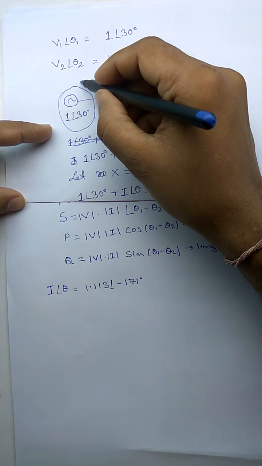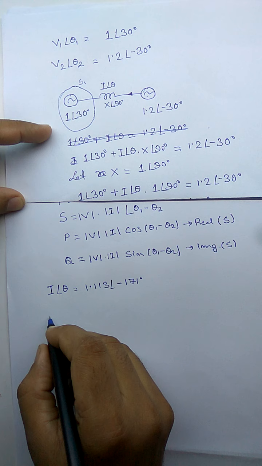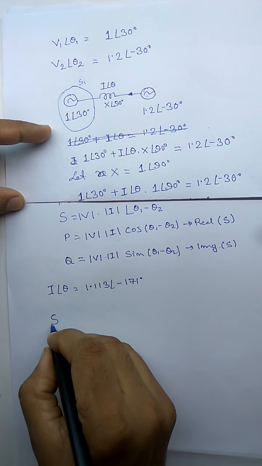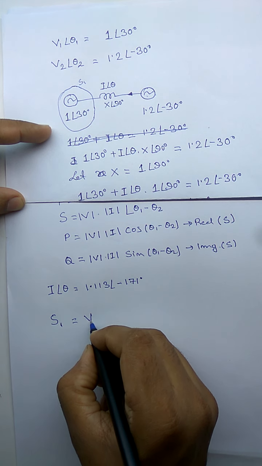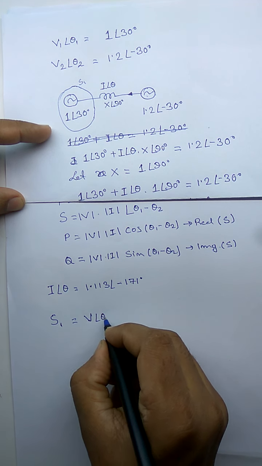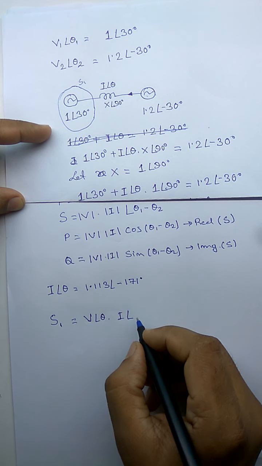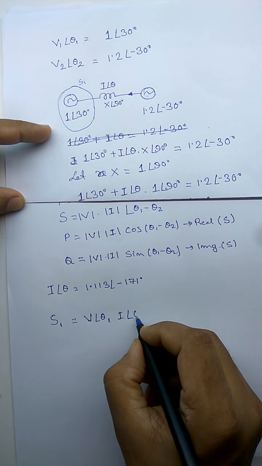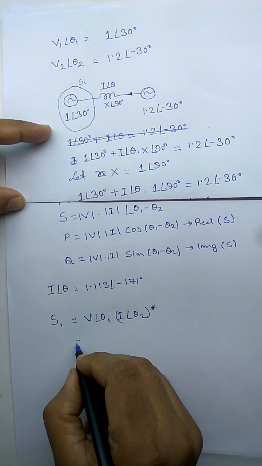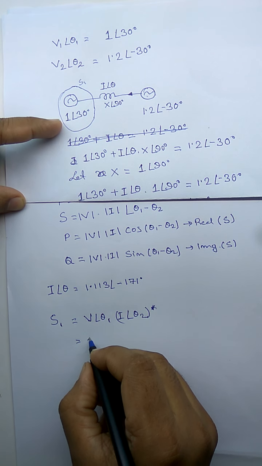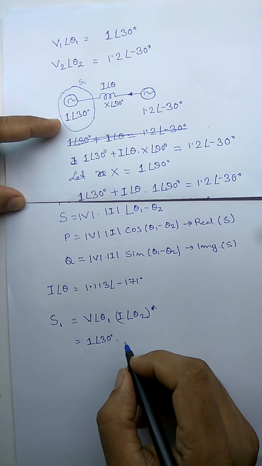Let's call it source 1. For source 1, apparent power S1 is equal to V at an angle theta into I at an angle of say theta 2, conjugate. So what is V for this source? It is 1 at an angle of 30 degrees, into what is I?